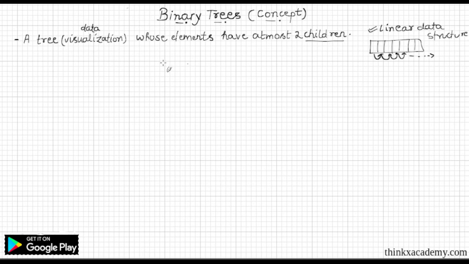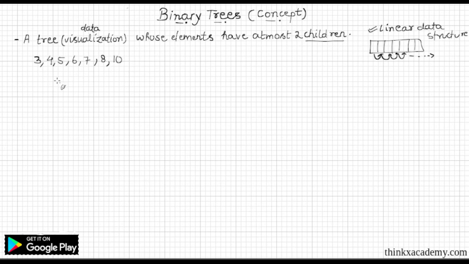First of all, let me draw an example of a binary tree here, and let's see how it is different from this linear data structure. Let's suppose I have some arbitrary integer values like 3, 4, 5, 6, 7, 8, 10.